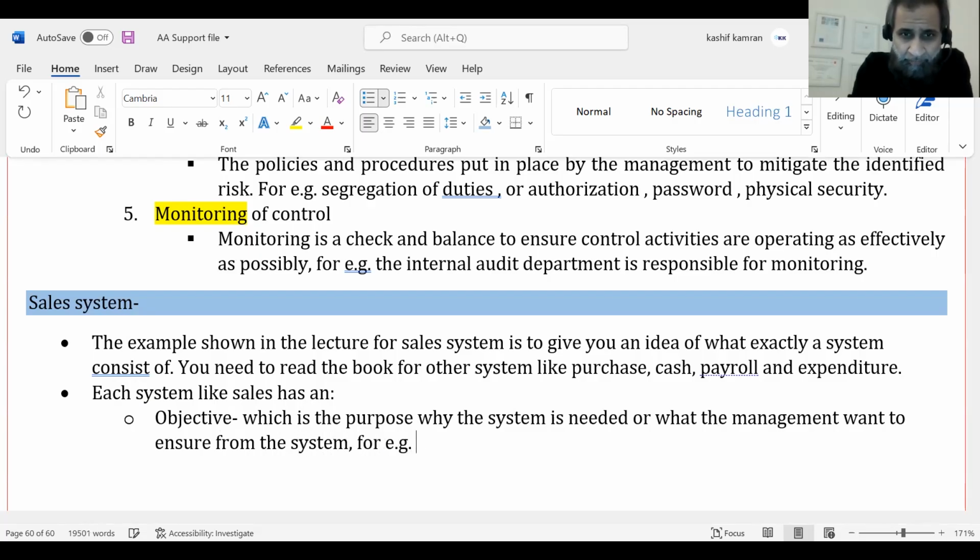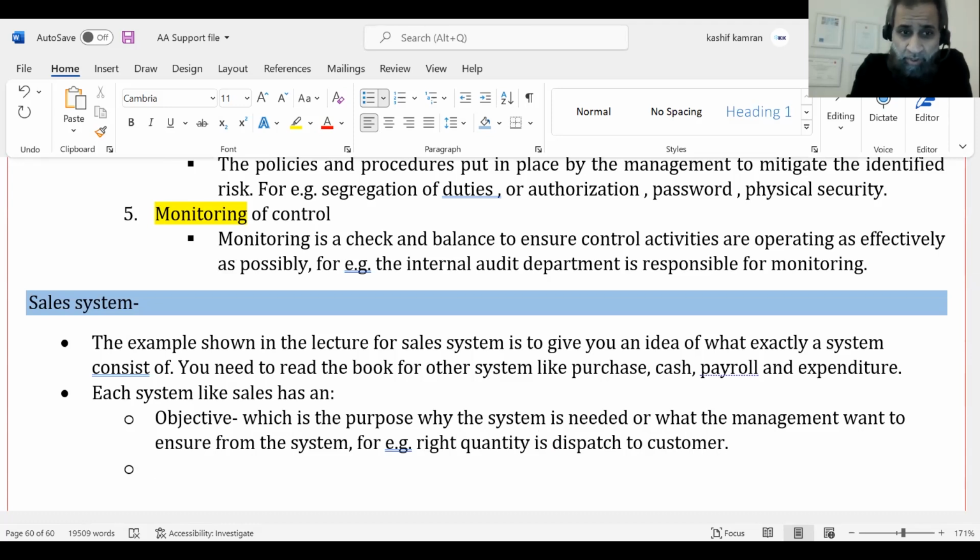For example, sales are made to credit. For example, right quantity is dispatched to customer. That is what you want to ensure, right? Each system like sales has an objective, which is the purpose.